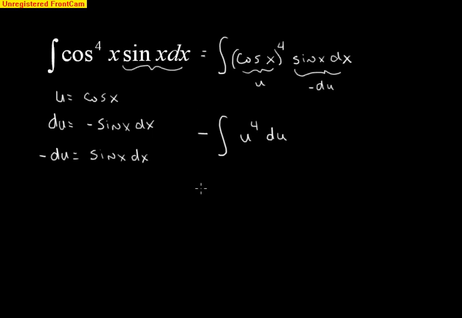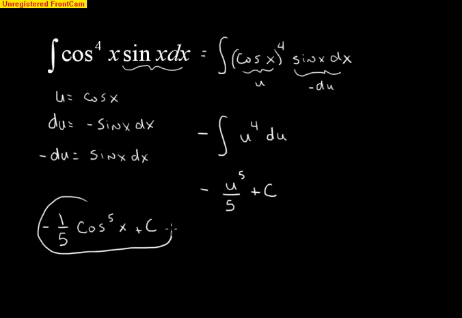Integrating U to the 4th winds up being U to the 5th over 5, raising the power by 1 and dividing by the new power. So my final answer is negative 1/5 cosine to the 5th of x plus c. This example shows how we had to make U the entire trig function, the cosine of x.